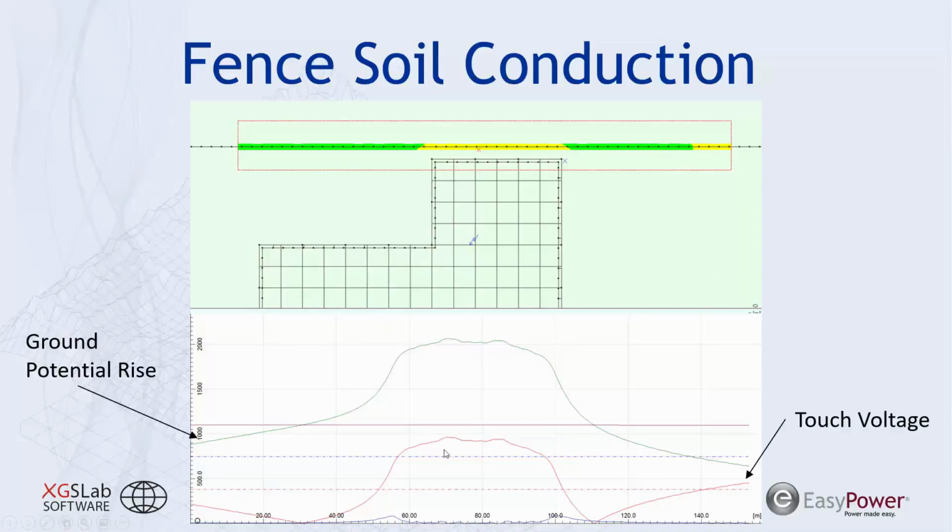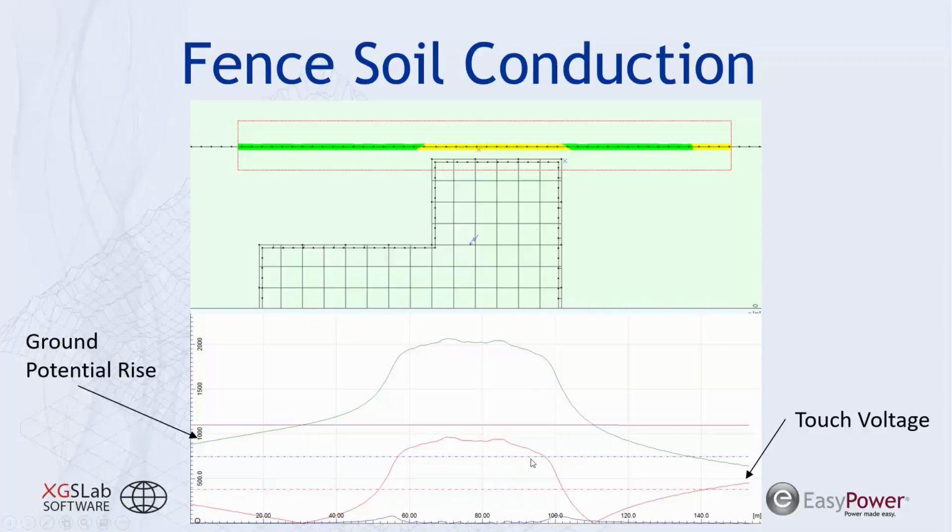And you can see another illustration of this. The green line represents our ground potential rise of the soil, and the red line represents the touch voltage to that external fence. And this red dashed line represents our touch voltage limit.